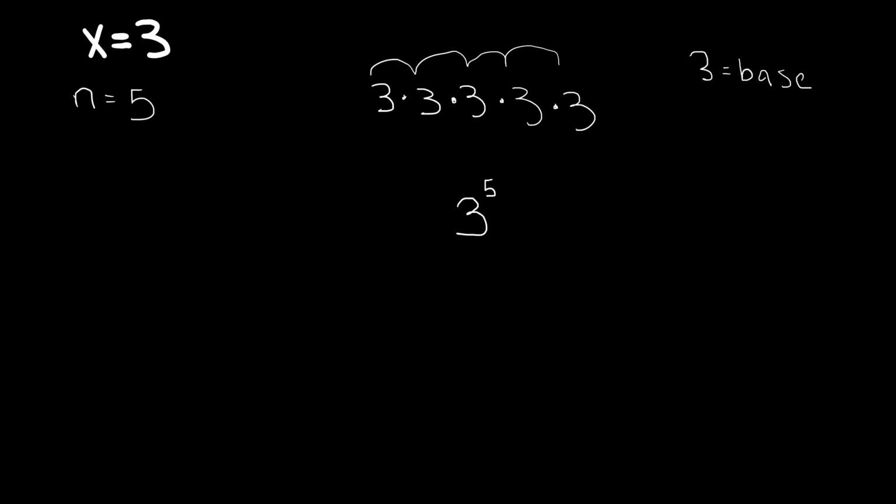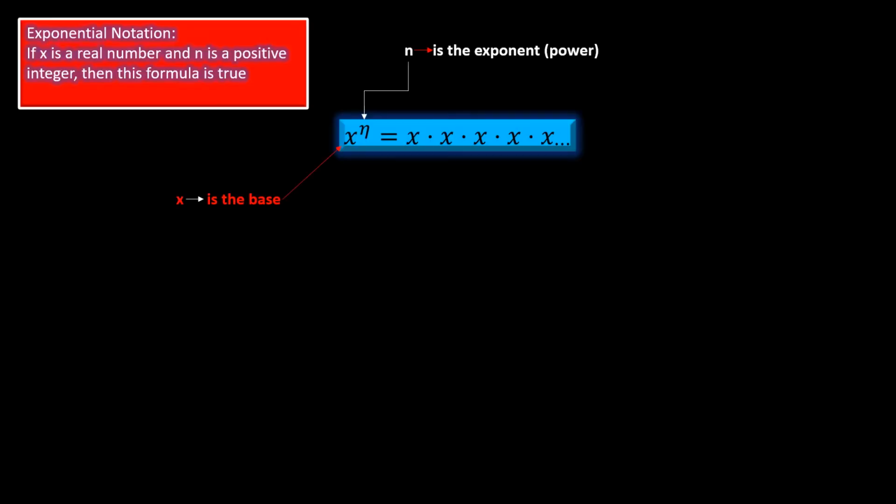Let me show you the formula for it. If x is a real number and n is a positive integer, then this formula is true. So remember when we said that x equals the 3, and then we said that n equals the 5 on the last slide.